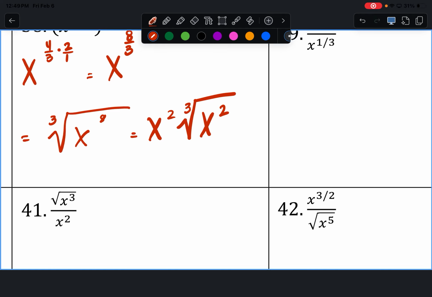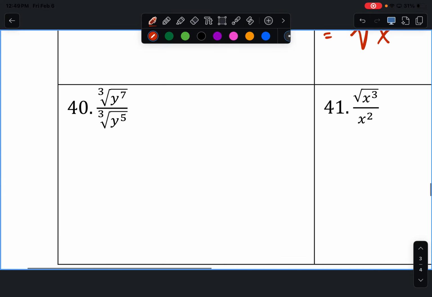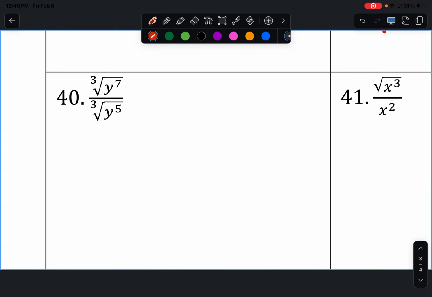Now we're going to drop down to question 40. Before I can do anything to this, I'm going to rewrite it as exponents. Our numerator is going to become what? What is our power? What is our root? So we get y to the 7 over 3.